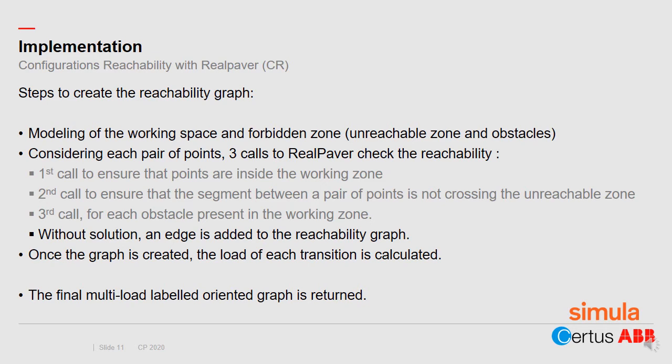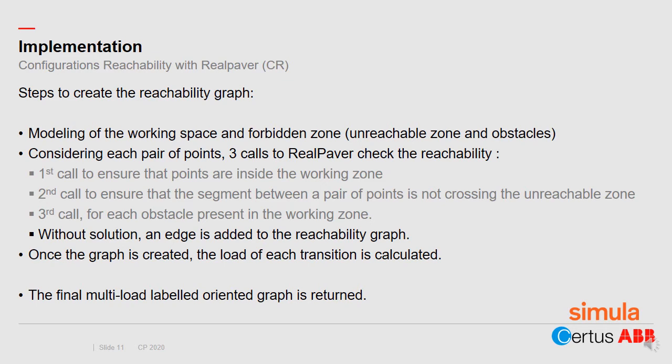And for each pair of points, we will call RealPaver several times to check the reachability between these points. The first call is to know if the points are inside the working space. If they are inside the working space, we have a second call that is checking if the segment between these 2 points is crossing the unreachable zone.